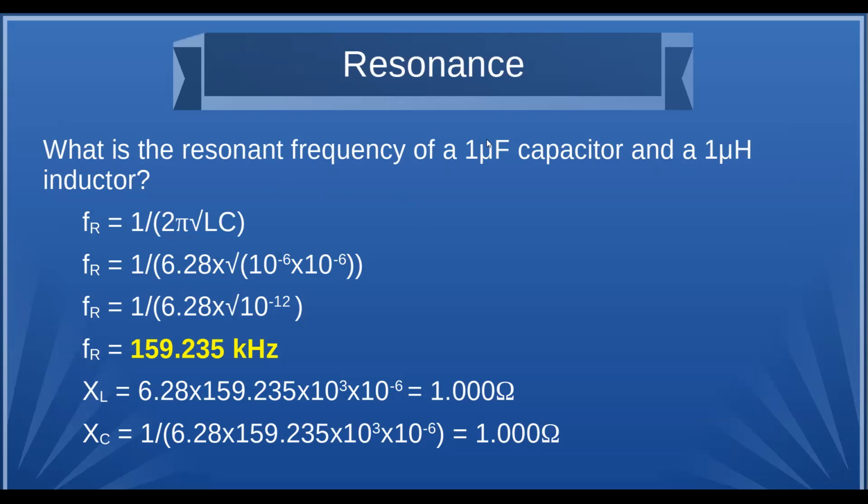So, what's the resonant frequency of a 1 microfarad capacitor and a 1 microhenry inductor? We go do that, and we come up with that same old 159 kilohertz. I went through and calculated the inductive and capacitive reactance for those same values and frequency, and amazingly, they both are equal, and in this case, 1.